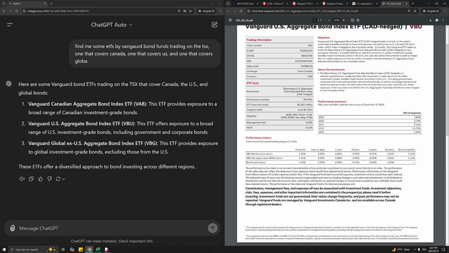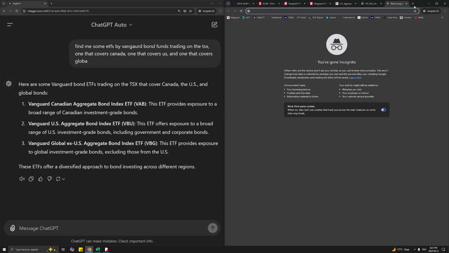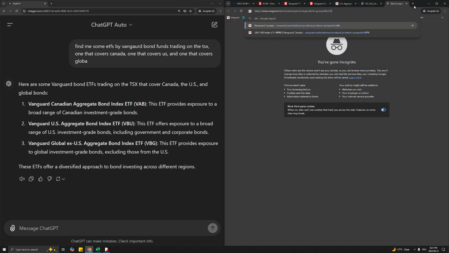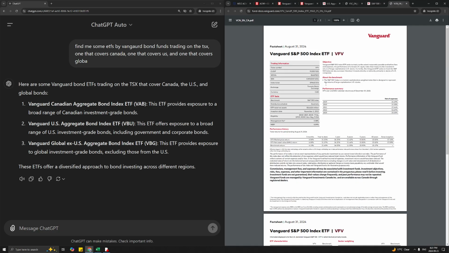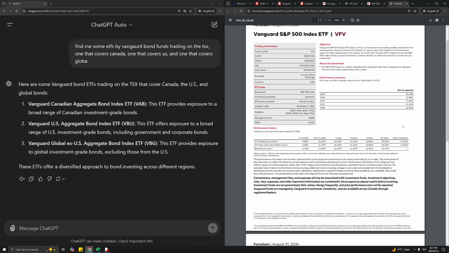Imagine somebody telling you that bonds are not risky when you could have a 13.7% drawdown. Like, come on. But this specific fund drew down 13.7%, but then if we had VFV, fact sheet, 22%.